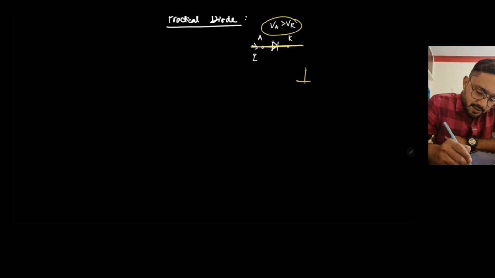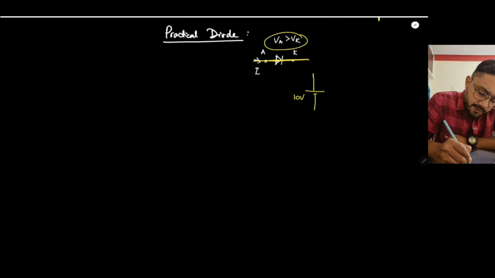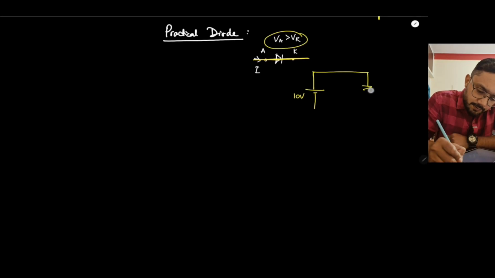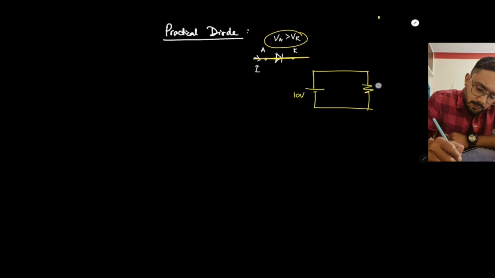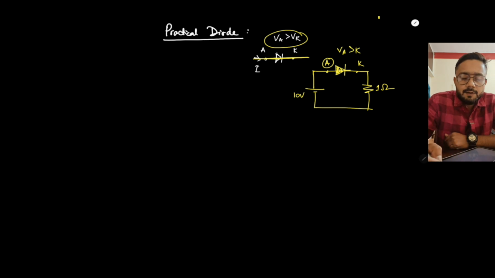What I mean by this, suppose I have a circuit here, and if I connect a diode like this, then obviously the anode voltage is higher than the cathode voltage here, and the diode will allow the current to pass.